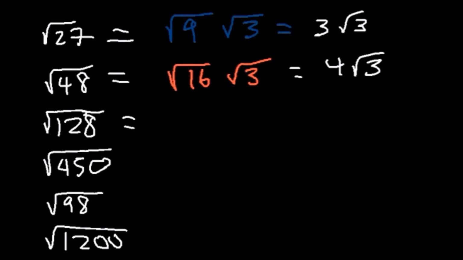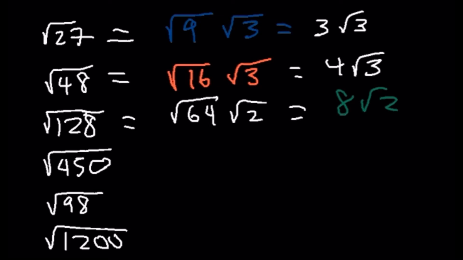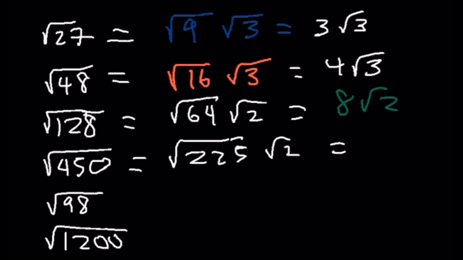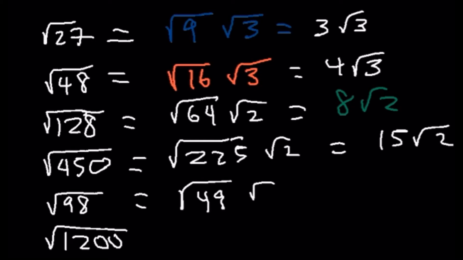What perfect square goes into 128? 128 is 64 times 2, and the square root of 64 is 8. Now what about 450? This is 225 times 2, and the square root of 225 is 15. For root 98, that's 49 times 2, and the square root of 49 is 7.